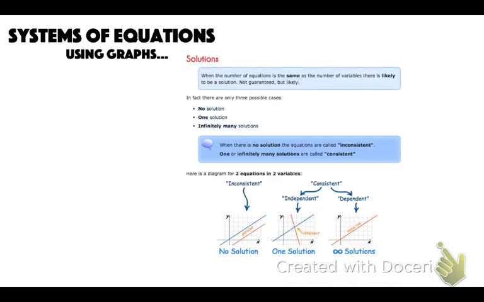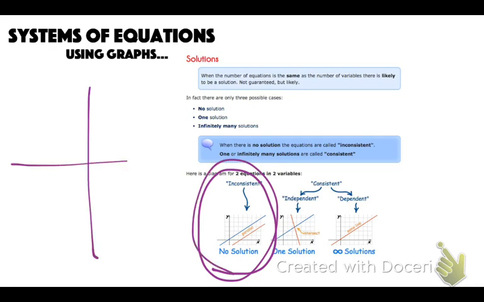Cool. Let's actually look at this real quick. What I was saying before, if you graph these and they end up parallel, so if they end up looking like this graph right here, when they're parallel, that means the slope is the same.